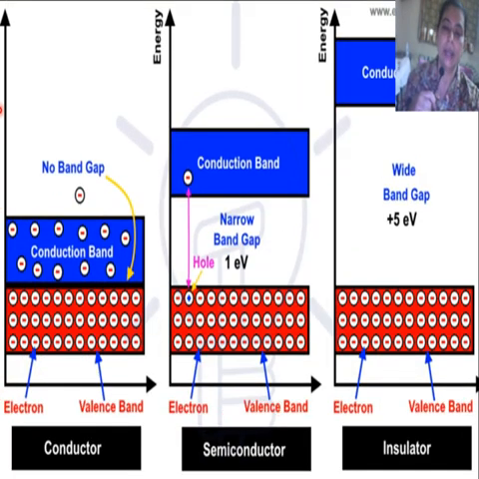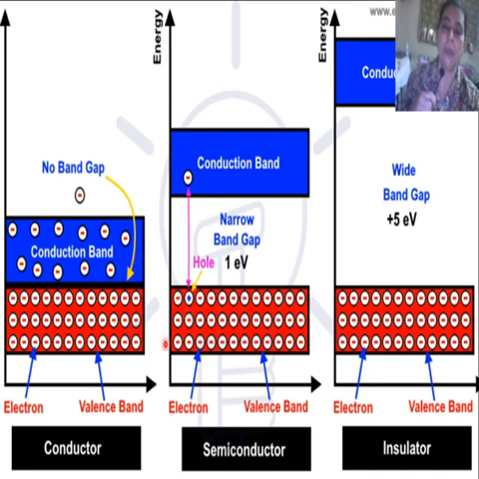Now we can understand this by a very clear diagram of conductor, semiconductor and insulator. You can see the conductor: this is an energy graph, with the low energy level, the highly occupied band that is the valence band, which means it is filled with electrons, and the upper band known as the conduction band.